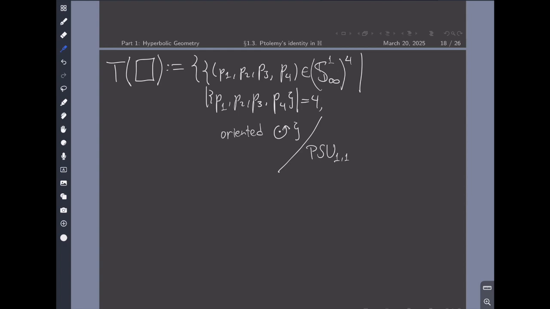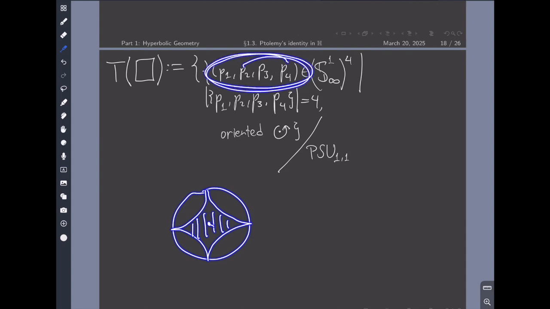Here, for example, this ideal quadrilateral, if you think about it only as a subset of the hyperbolic plane, without singling out any vertex, has a rotation by 90 degrees as an automorphism. But if you consider this other moduli problem, giving this object is different from giving this object. For example.